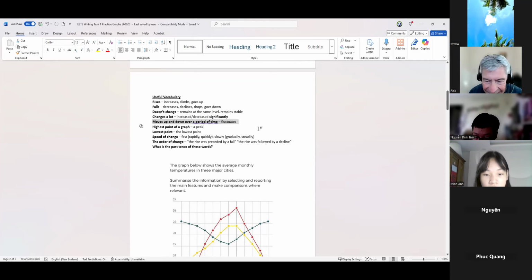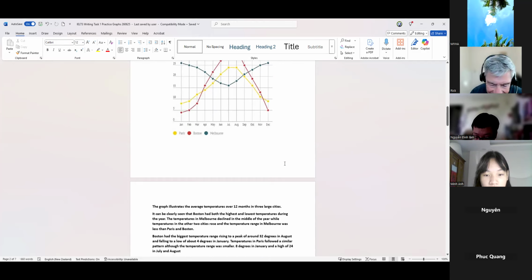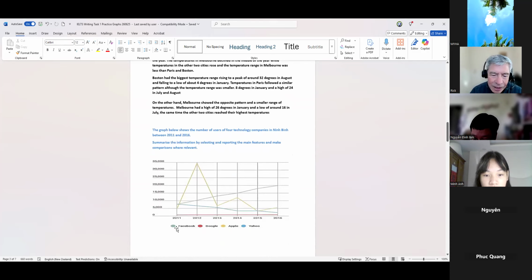We have to use past tense because the graph is in the past. So we can say Apple users, what did you say, Fu Kwang, increased sharply to a peak? Is that right? Yes. Increased sharply to a peak before decreasing or falling dramatically, then fluctuated for the rest of the period.